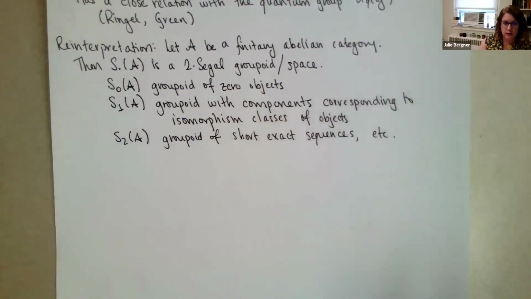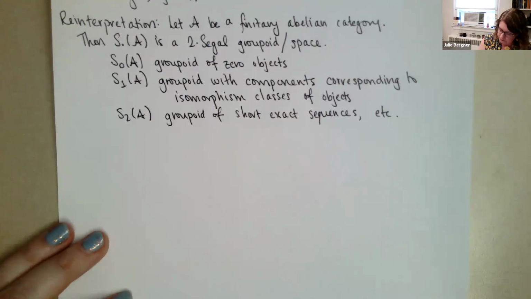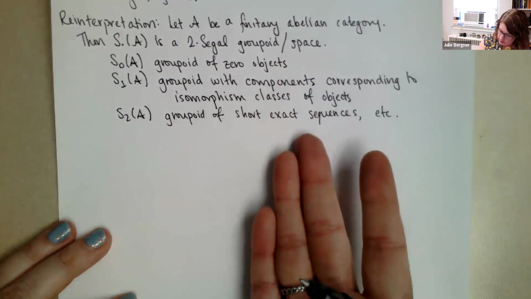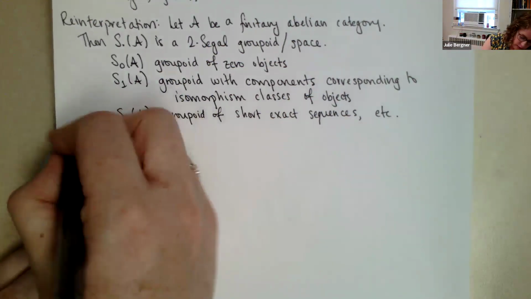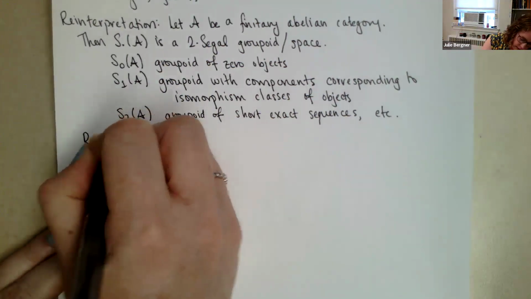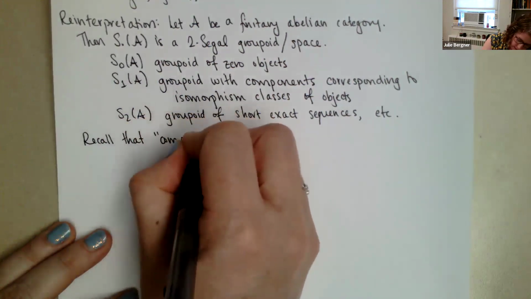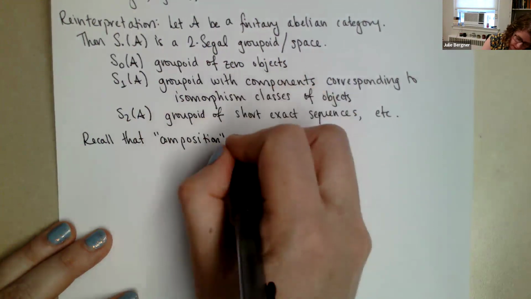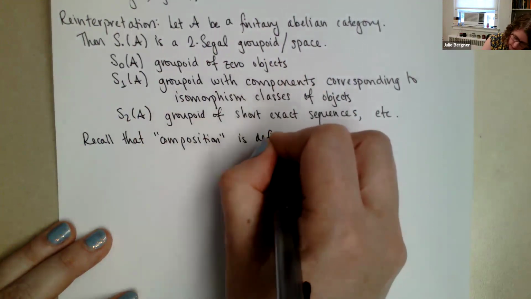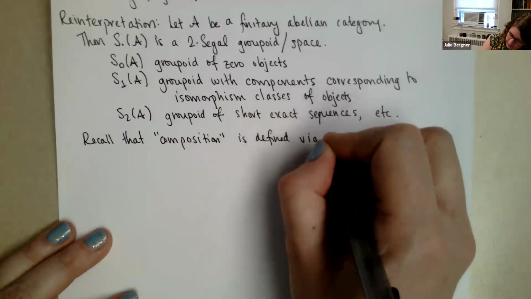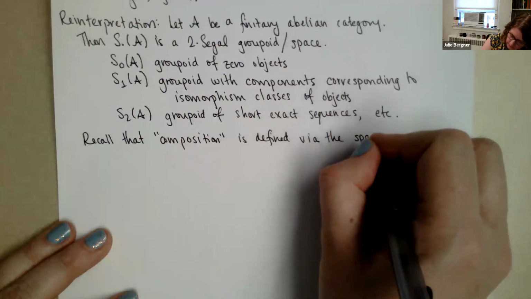And you can keep going and describe the other ones. And this is two Segal. So recall that composition, such as it is, was defined via the span.